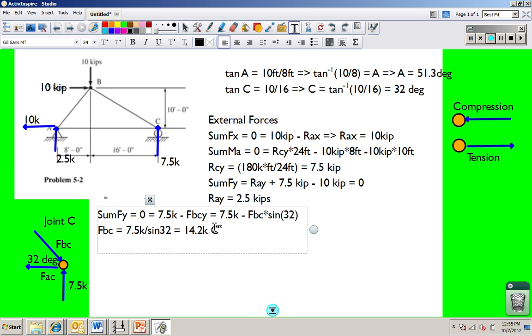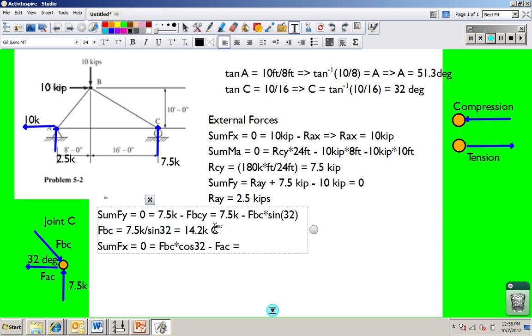Alright, now let's do sum of forces X to get FAC. That's going to be equal to 0. FAC is going in a negative direction, BC is a positive X direction, so it'll be FBC times the cosine of 32 degrees minus FAC.